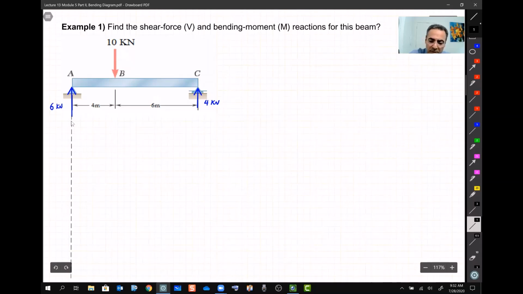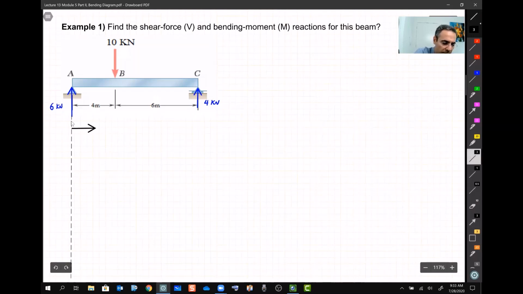The reason we start from left is because we're going to have our x-axis always starting from this datum over here, something like that, and we usually call it x.